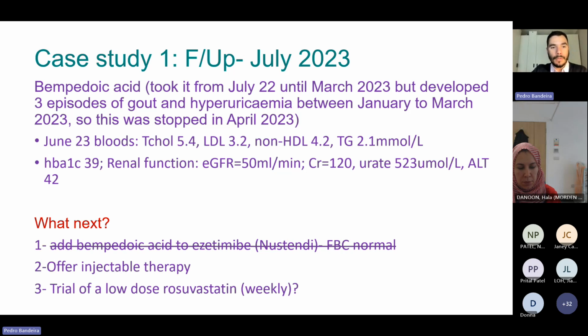We could also just give him ezetimibe on its own, but ezetimibe on its own is roughly 22% LDL reduction. So again, this wouldn't be sufficient to bring him to secondary prevention targets.